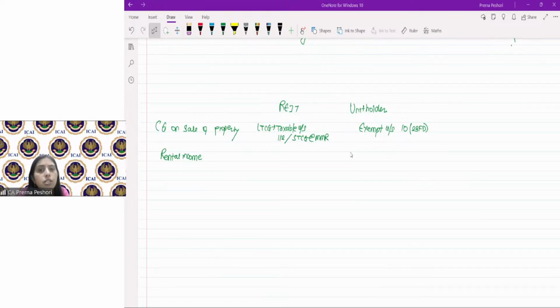Under 10(23FCA), this will be taxable in the hands of the unit holder. So the income which is received by the unit holder from the REIT, which is in the nature of rent, is income of the unit holder. So this will be taxed in the hands of the unit holder.